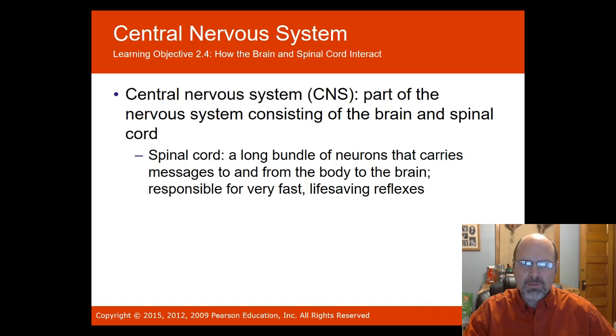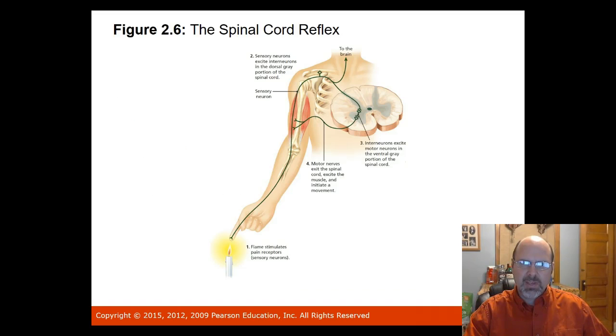So the central nervous system is the part of the nervous system involving the brain and spinal cord. The spinal cord is a long bundle of neurons that carries messages from the body to the brain, and it's responsible for very fast life-saving reflexes. This is kind of cool, the spinal cord reflex.